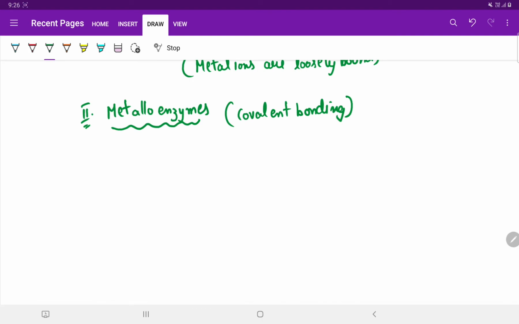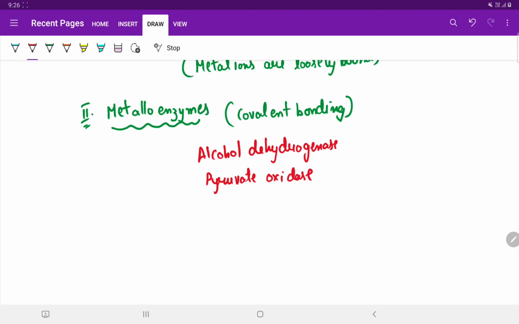There are various enzymes here, for example alcohol dehydrogenase, phenol oxidase, and pyruvate oxidase. For pyruvate oxidase we all know that manganese is involved.